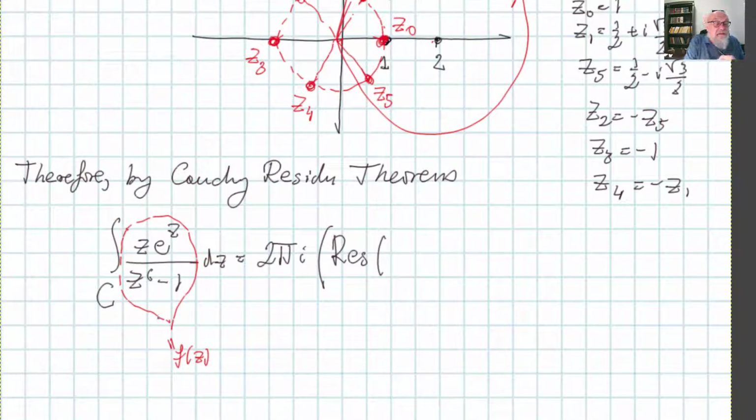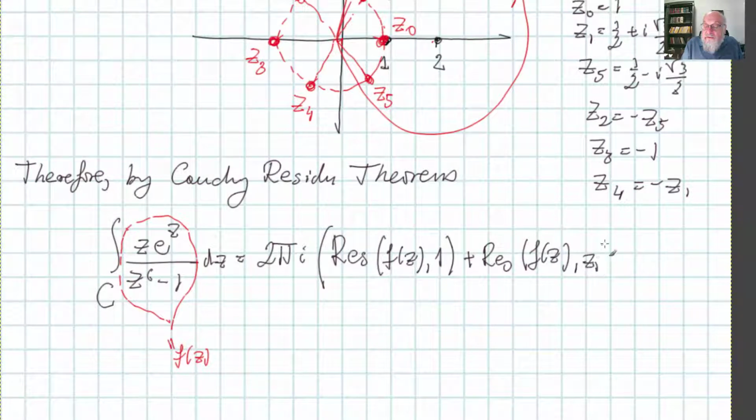So here I'm having 3 residues. So this is the residue of f of z at the point 1, that's my z0, plus the residue of f of z at z1 for simplicity, and the residue of f of z at z5.